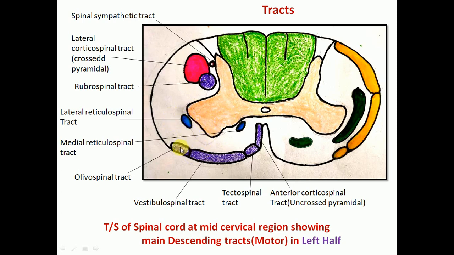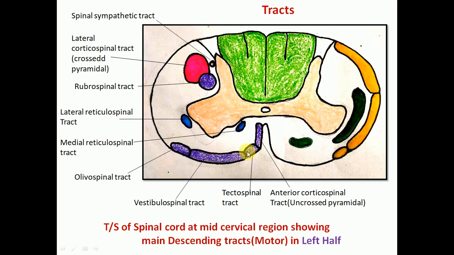Now within the anterior white column, there is the olivospinal tract, which comes from the olivary nucleus of the medulla oblongata up to the spinal cord. Then the vestibulospinal tract, concerned with unconscious position and balance, comes from the vestibular nucleus of the pons and medulla oblongata up to the spinal cord.